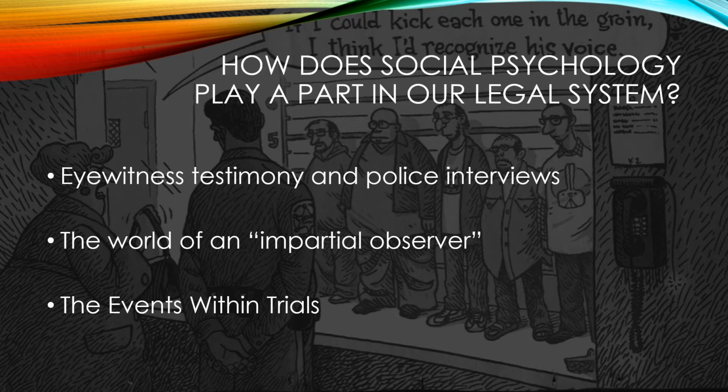And after we talk about these impartial observers, we're going to break down the different components happening in our court systems and how, even though we tend to think of them as a relatively sterile thing devoid of social factors, they actually have numerous social components within them that relate to topics that we've discussed in the past.